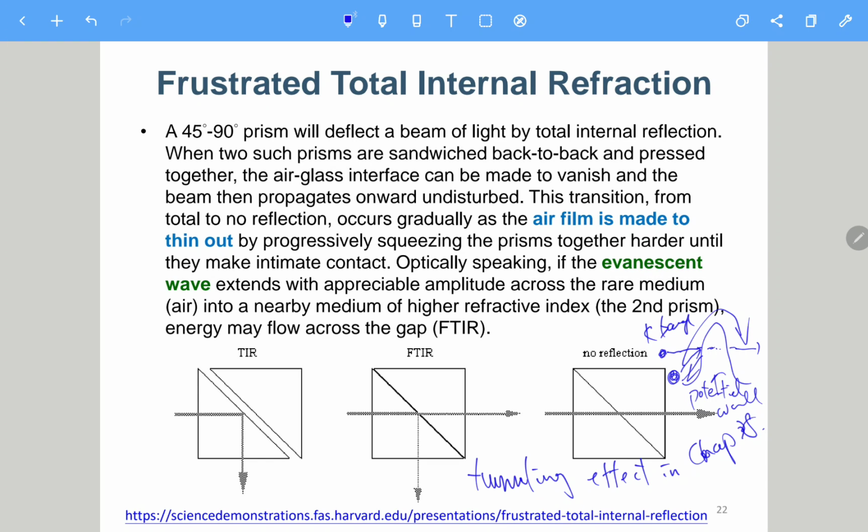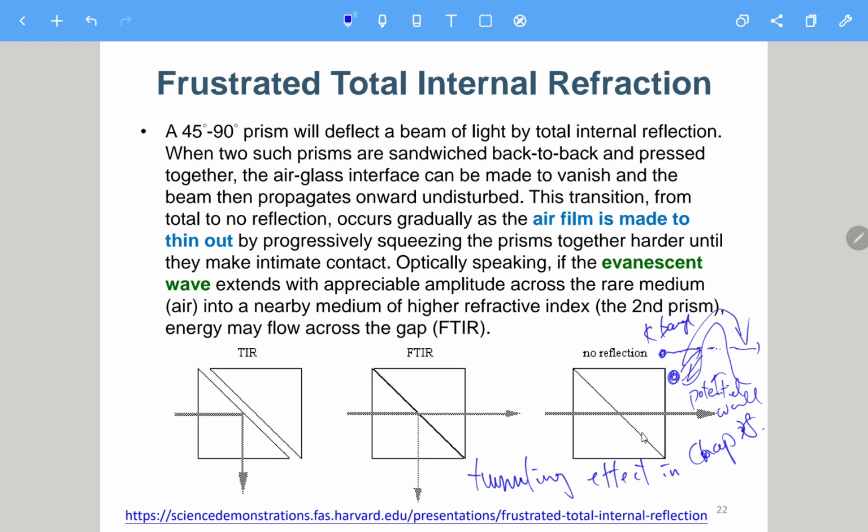Or the light, or maybe a particle can go through. And here, suppose you have a light, so there will be some probability that the light can go through this gap. This gap is like the potential wall, because if this gap is sufficiently large, then the ray cannot go through, and the ray will be totally internally reflected.